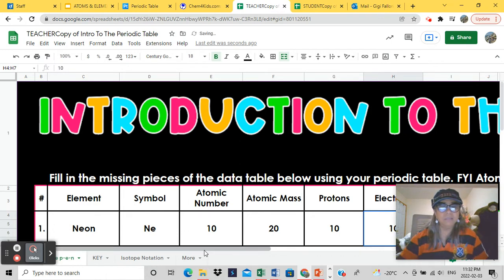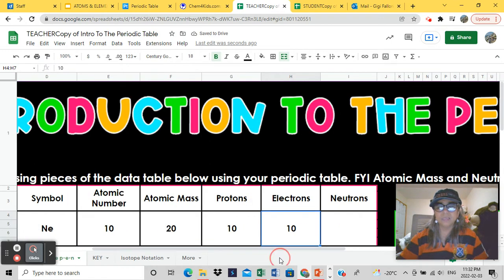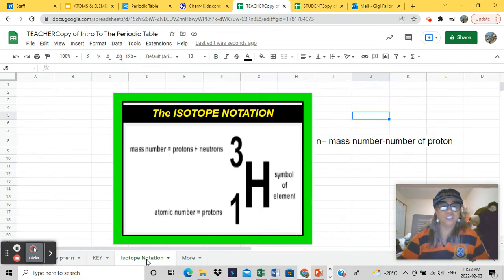And then moving on, how do I now get the number of neutrons? Now, if you're at a loss, you always go back to the isotope notation. So here, neutrons now is the mass number minus the number of protons. So that being the case, what is the mass?